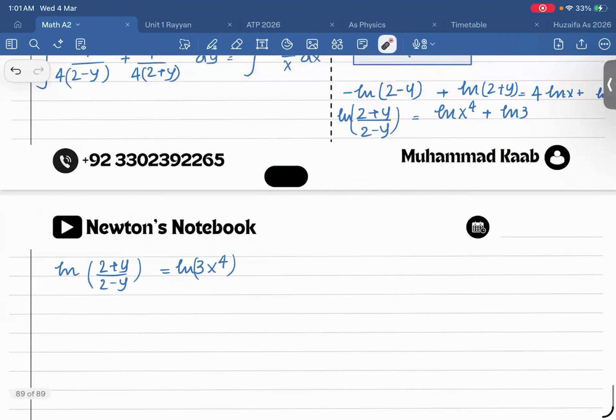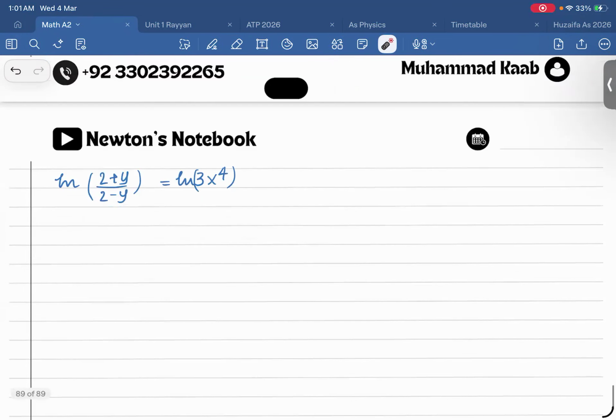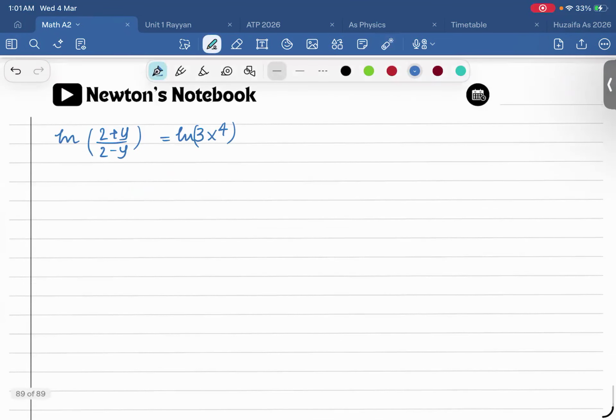Since the two ln's are in addition, you can take ln common and multiply these two things. Now ln and ln can be cancelled out, so we are left with (2 plus y) over (2 minus y) is equal to 3x to the fourth power, right? Now you have to make y the subject, okay?